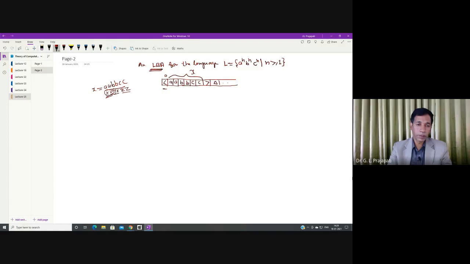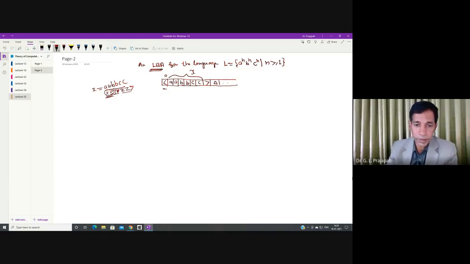Now there should not be any small b here. Instead you just have the symbol y, and immediately after the y's you must have the symbol z. After the z's are over, you should have the symbol right angular bracket, and hence you match the same number of a's, b's, and c's.